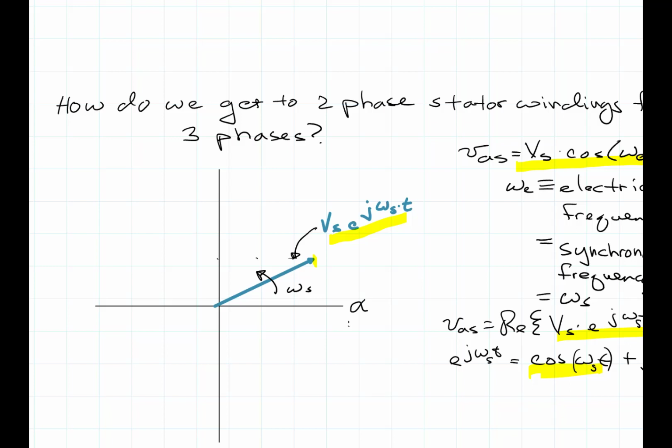Remember that if this is the positive side, then there would be positive values reflected onto this axis and negative values reflected onto the other side. You could also call this same axis the stationary q-axis. I don't want you to confuse this, so it's a superscript s here. It's not the same as synchronous. It means stationary.